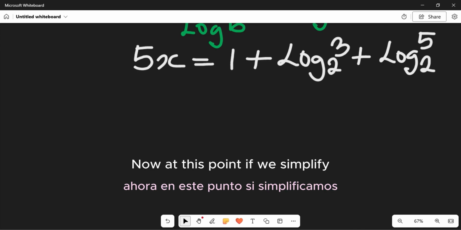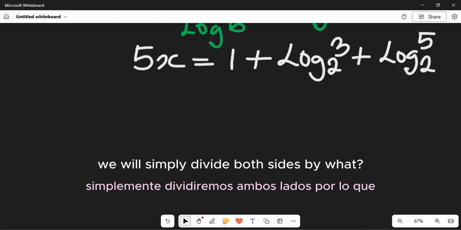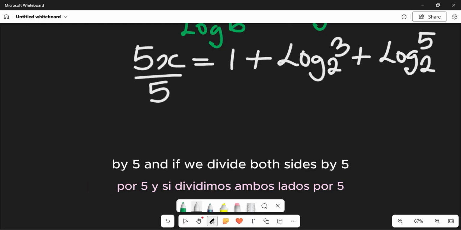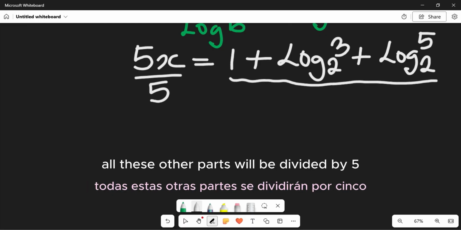Now at this point, if we simplify, we will simply divide both sides by what? By 5. And if we divide both sides by 5, all these other parts will be divided by 5.